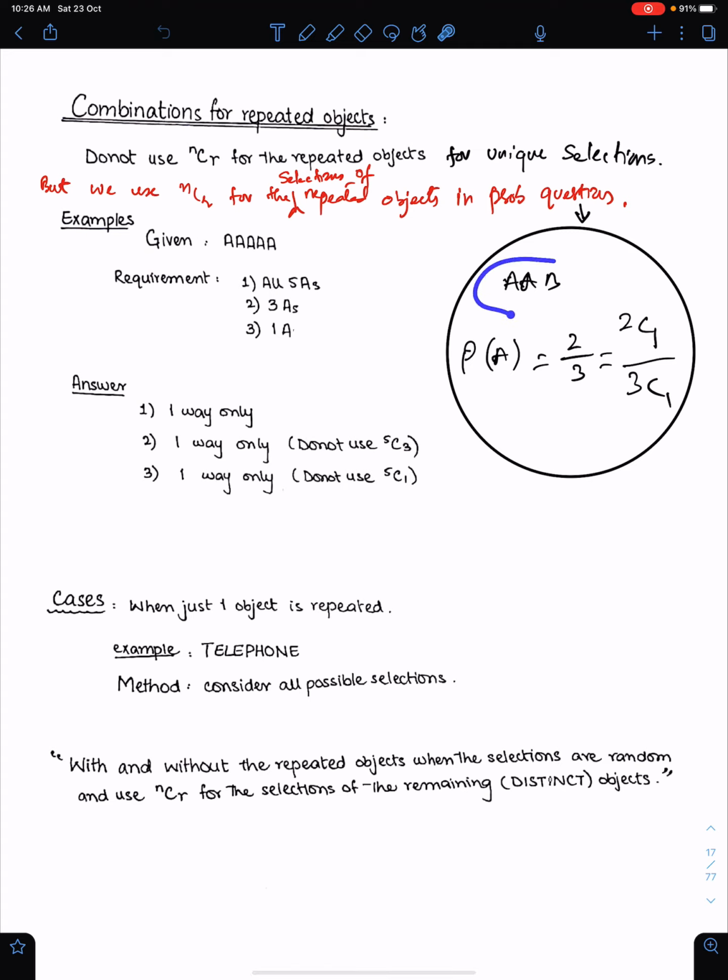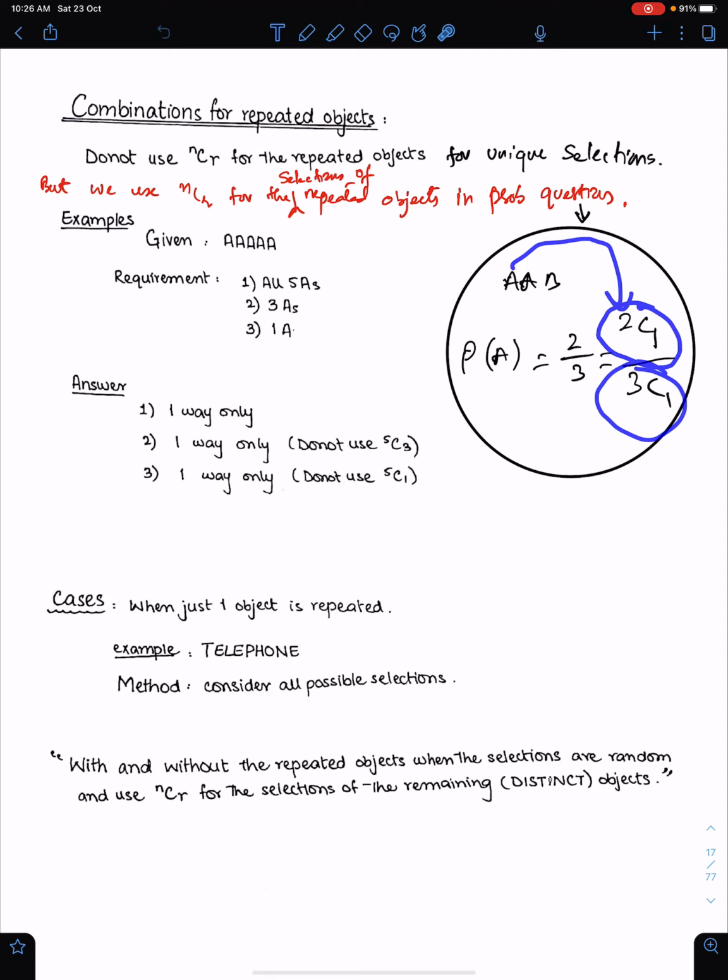For example, we have to find probability of the letter A. The answer is always 2 upon 3 because each has an equal chance of occurring. There are 2 A's and both A's have equal chance of occurring. That is why we use 2C1 here and 3C1 here.